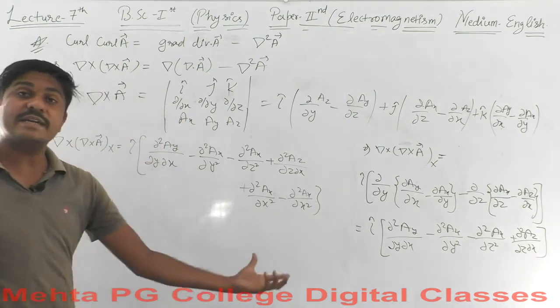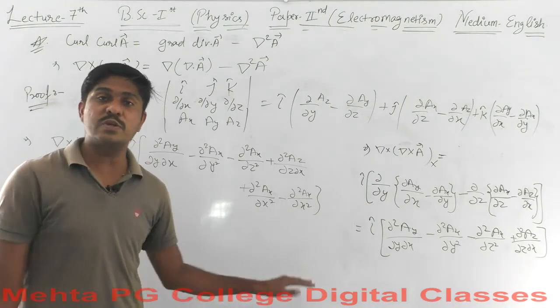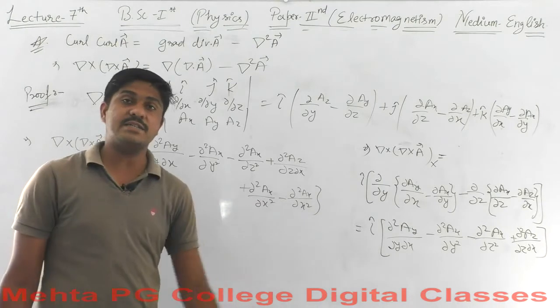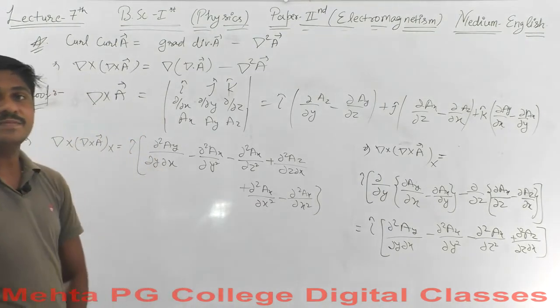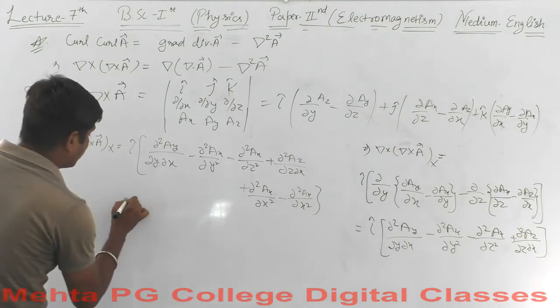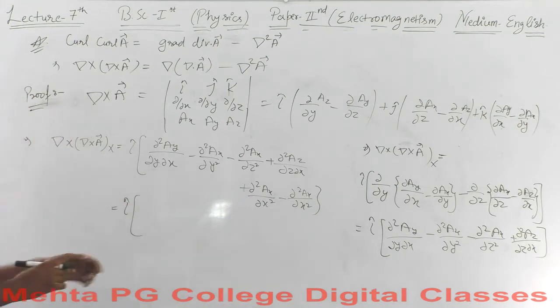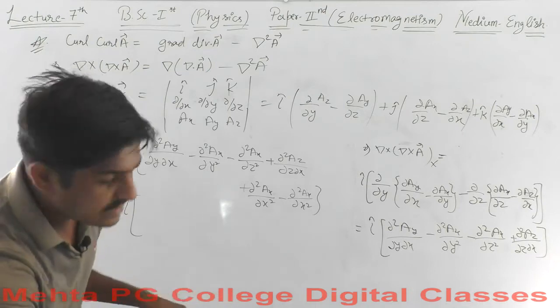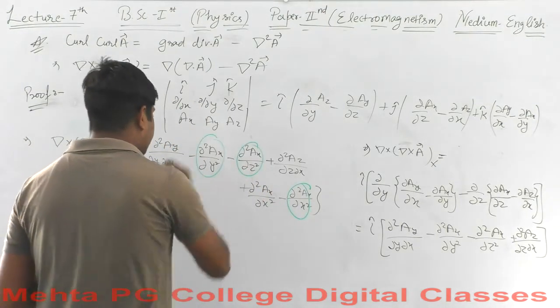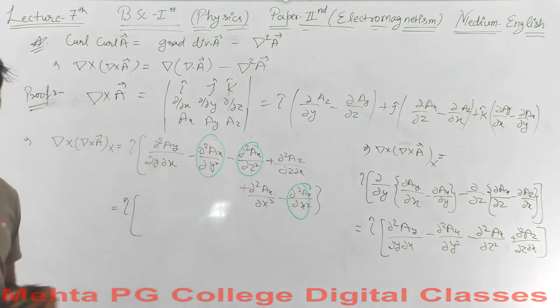I hope this will not produce any kind of change, because we have added the quantity and subtracted the same quantity here. So what will the values be? Take all these three values, this one and this one. We will end up having a new quantity.